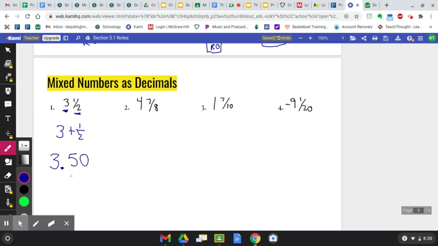So let's talk about that real quick, right? The decimal place, and this is tenths, right? This one would be hundredths, right? This is thousandths, right?